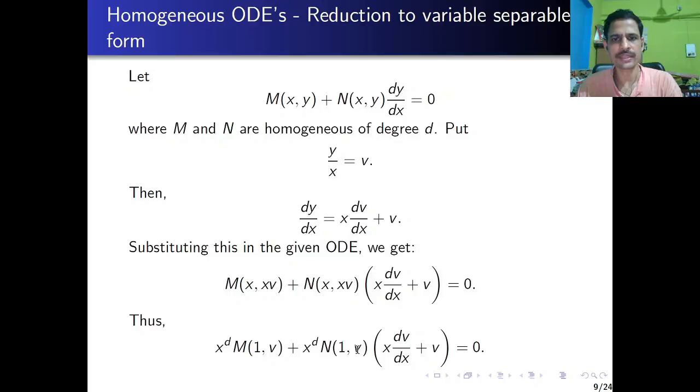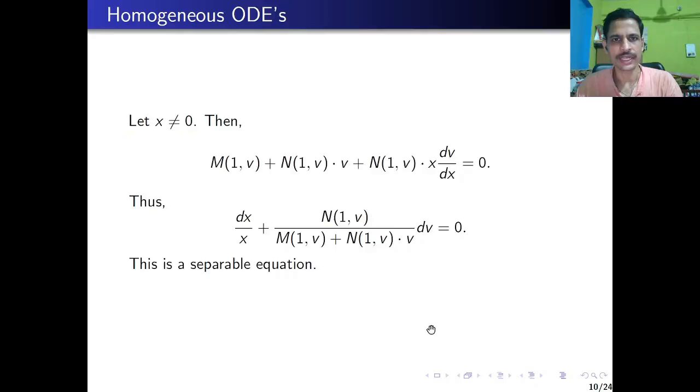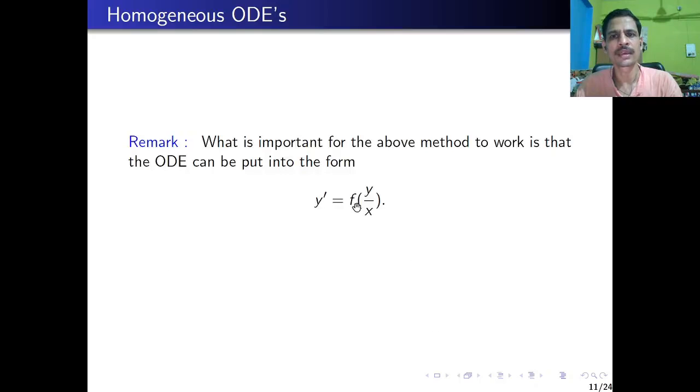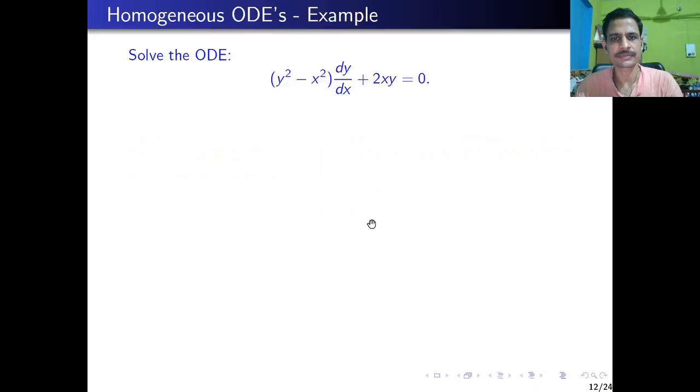And what is v? v is y/x. So we have been able to write y' is equal to some f(v), or some f(y/x). So for the above method to work, we should be able to write our differential equation in the form y' is equal to f(y/x).